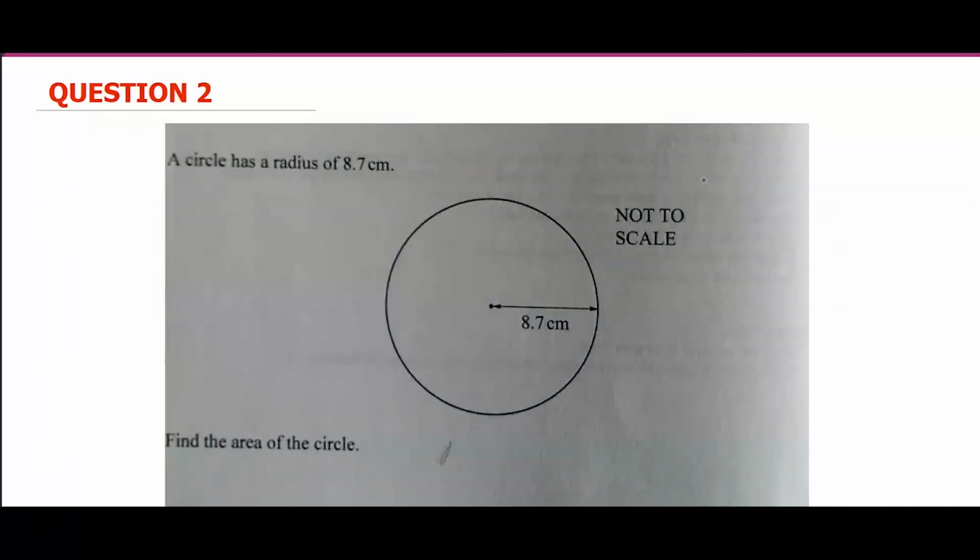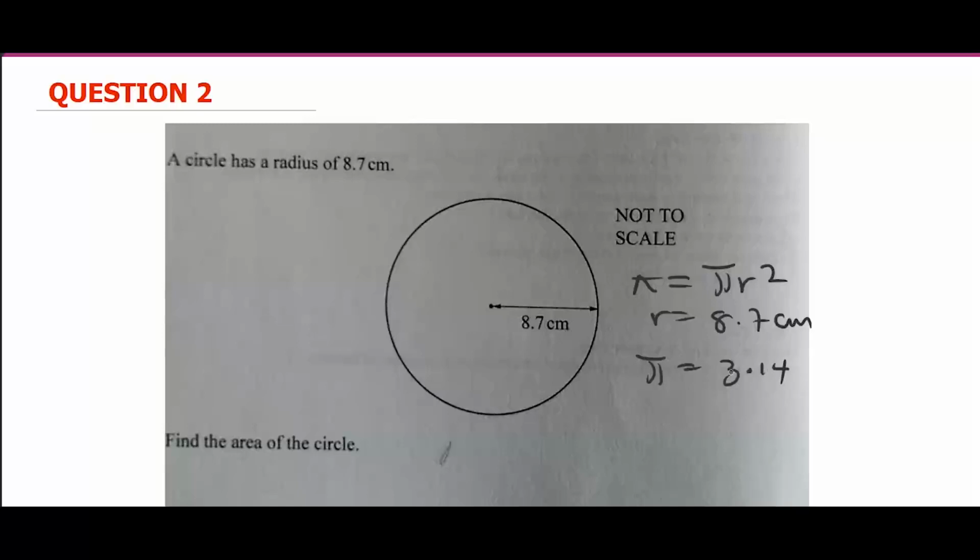So let's go to the next one. A circle has a radius of 8.7 centimeters. Find the area of the circle. You already know that the area of a circle is given as pi r squared, and in this case the radius is 8.7 centimeters, and the value of pi is 3.14.